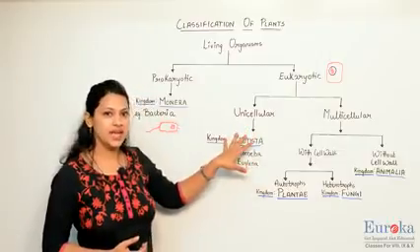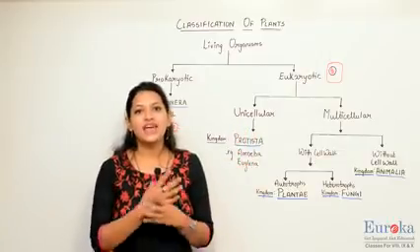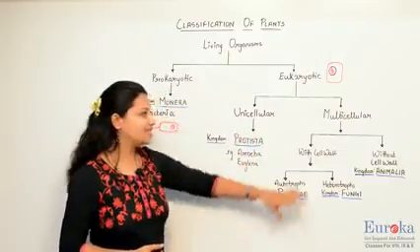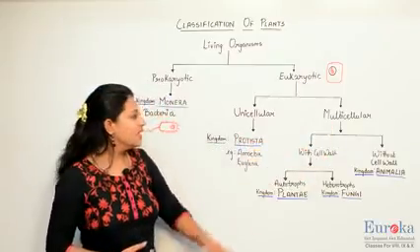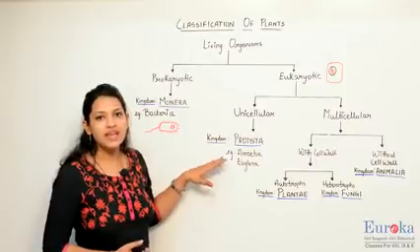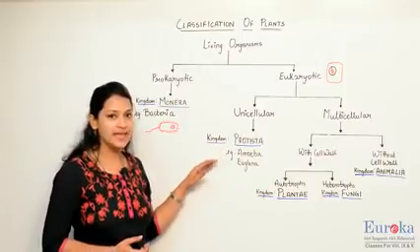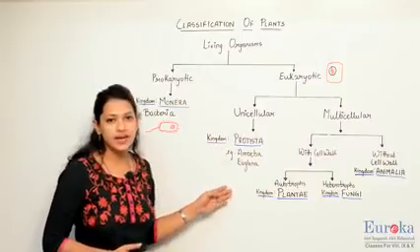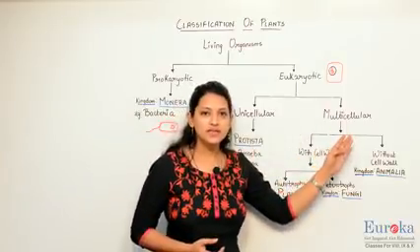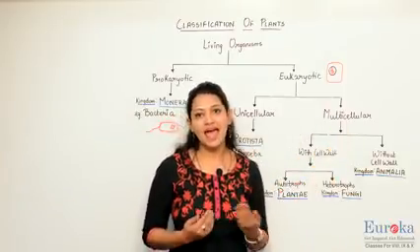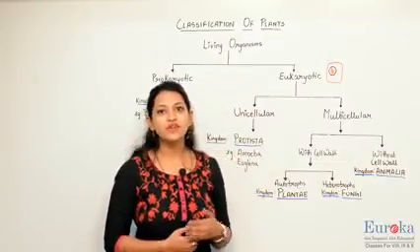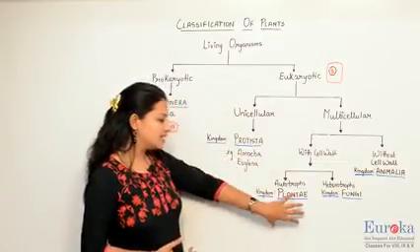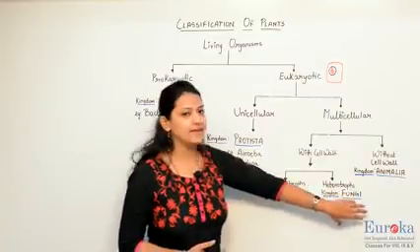In a unicellular organism, it is a single cell which carries out all the functions, whereas in multicellular organisms, more than one cell is involved. Under unicellular organisms, we have the kingdom Protista. Example, amoeba and euglena. Multicellular organisms also differ whether they have a cell wall or they do not have a cell wall. Examples of organisms which have a cell wall are the kingdom Plantae and kingdom Fungi.